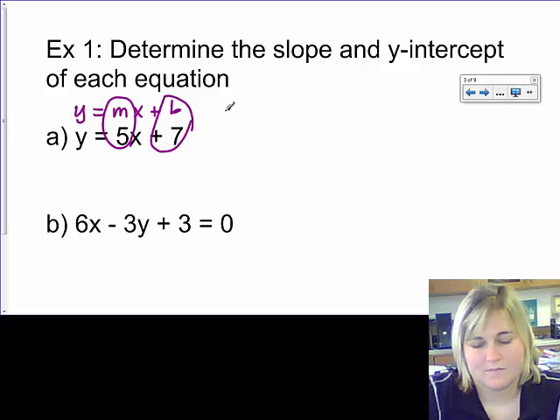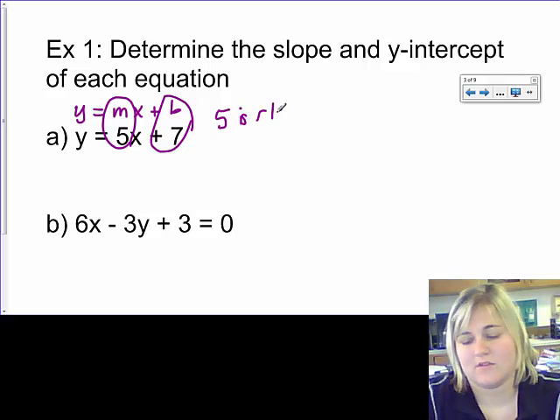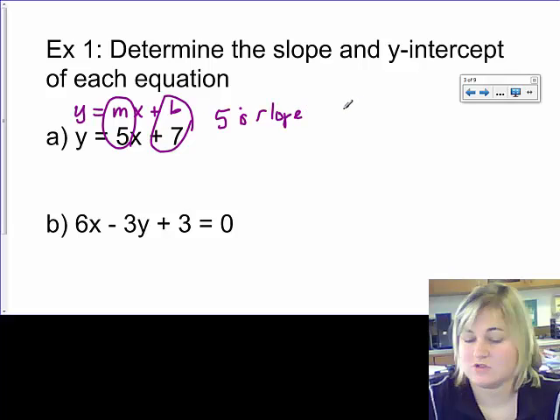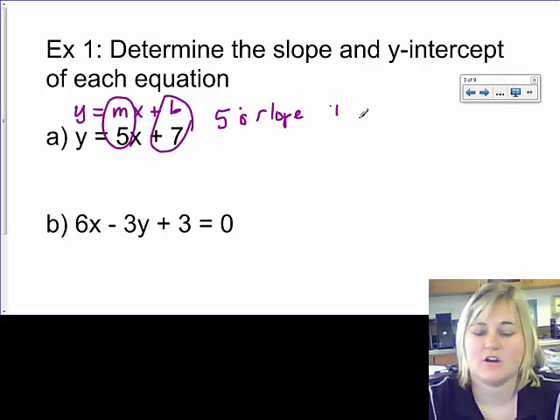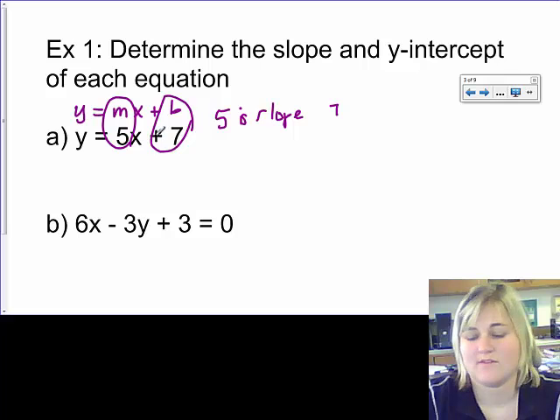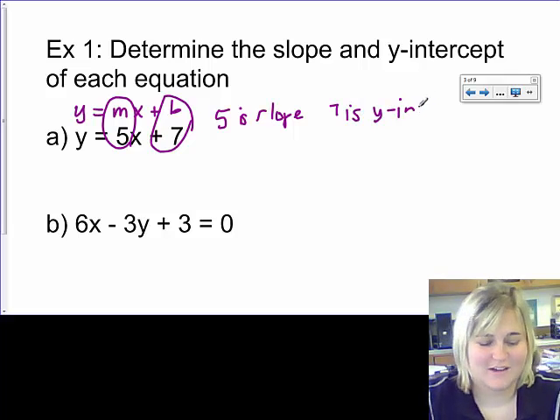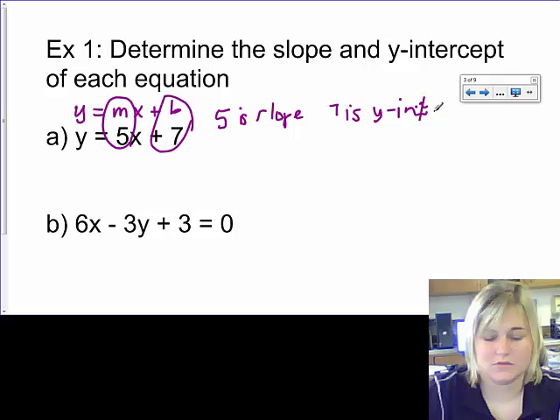So I would say 5 is my slope, and 7, if there's a minus here, I would have to make sure I show that it's negative, but it's not. So 7 is my y-intercept.